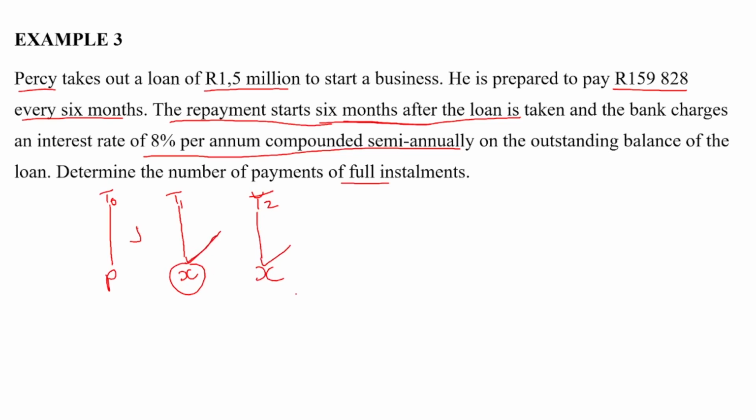The other thing I want to explain is, it says, determine the number of payments of full installments. Let's say we calculate our n and find that n is equal to 2.5. These are number of payments. So how many payments are going to be done? 3 payments are going to be done, but 2 payments are going to be for full installments, and the last payment is when you're going to pay a smaller amount.